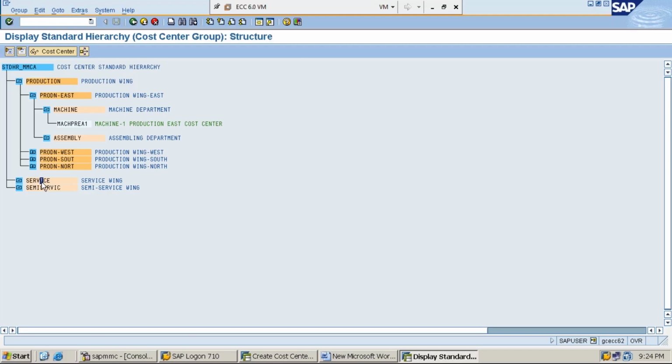Suppose you want to create a cost center with respect to sales activities, where do you create? Under production or semi service or service? Service. Semi-service also you can do it, but ideally speaking it should be under service. You should create a cost center under the semi service wing if that cost center is taking care of both production as well as service activities.